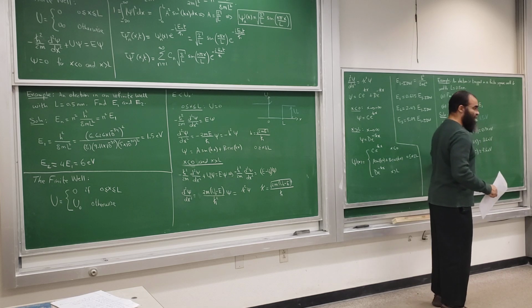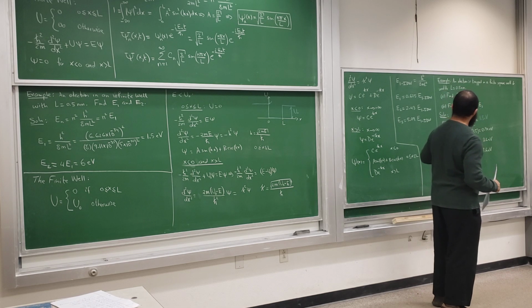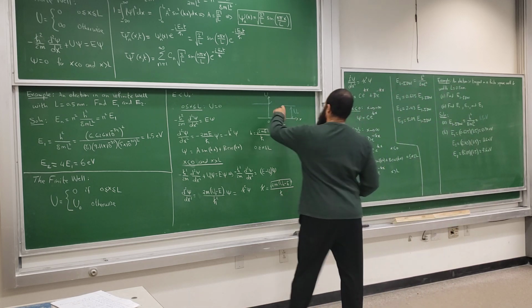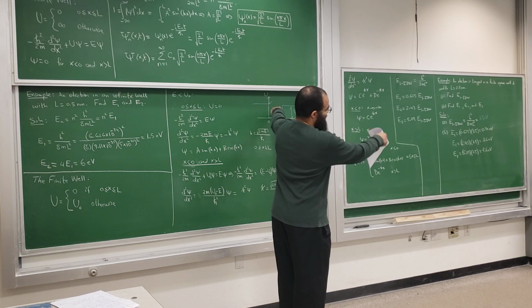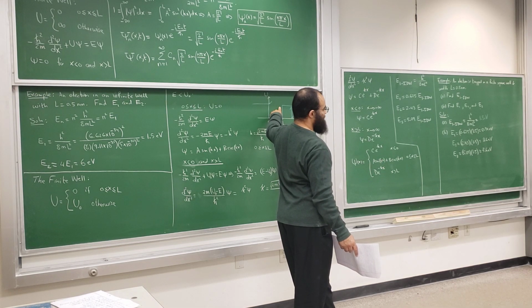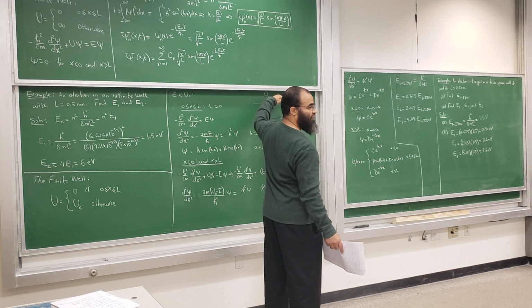Now, there are E4 and E5 and so on. It depends on how deep the well is, on what U naught is. For example, if E3 is 7.6 and the depth is, let's say, 8 or 9, that's okay, because all of them will fit within the well.